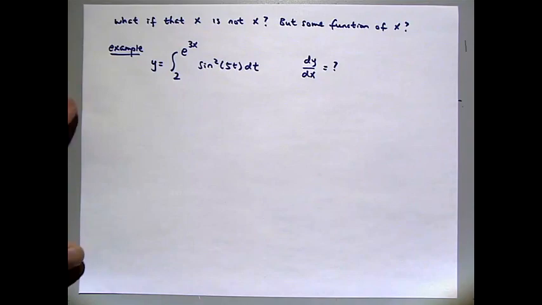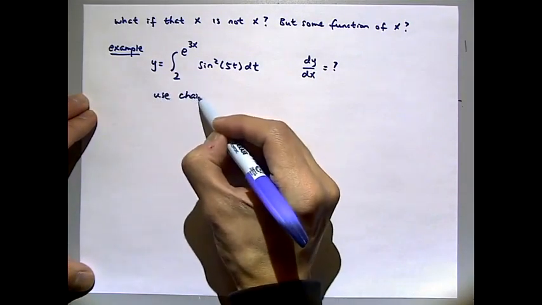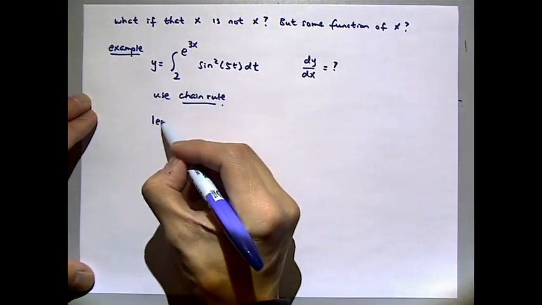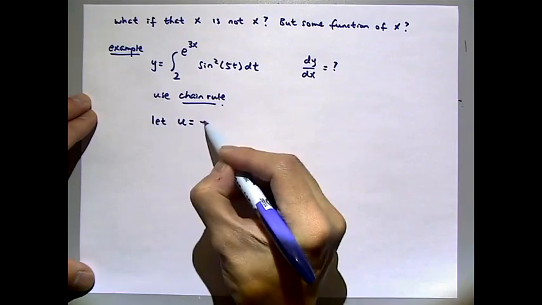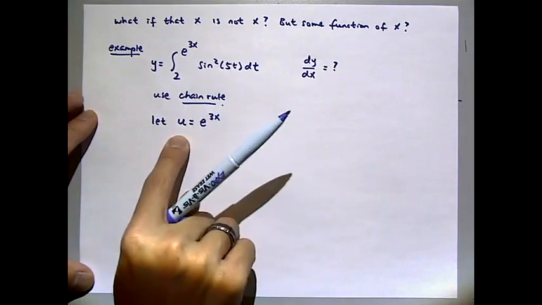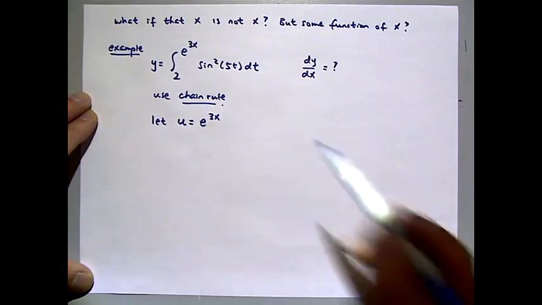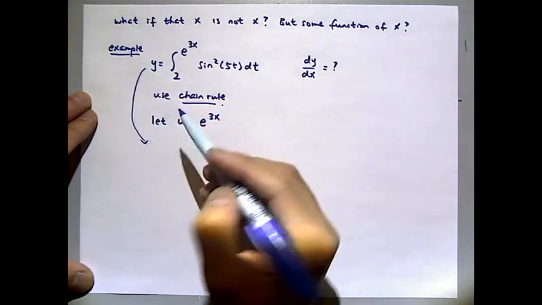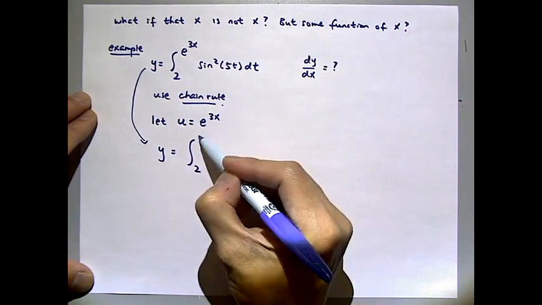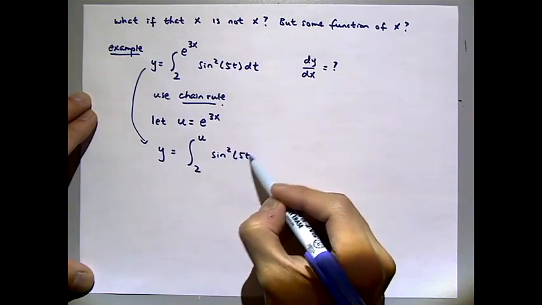Okay? And we can handle this using chain rule. Let's let this e to the 3x be something else. Call that u for the moment. So this y here is the integral from 2 up to u of sine squared 5t dt.